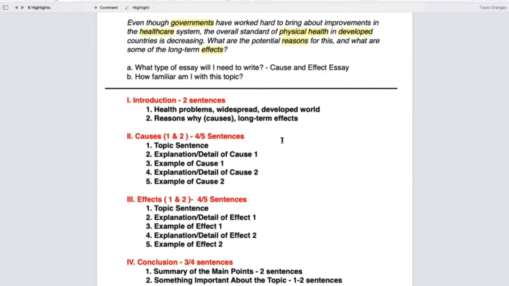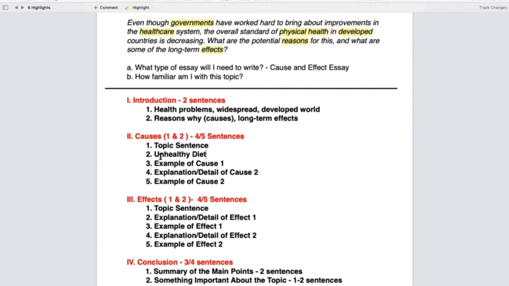Okay, now for the causes, of course, my topic sentence is just going to introduce the paragraph, and we'll get to that later. But I'm going to think of my two causes here. And something that is just fresh in my mind is going to be unhealthy diet, because I know that when people don't eat healthy foods, this usually contributes to a lower standard of health.